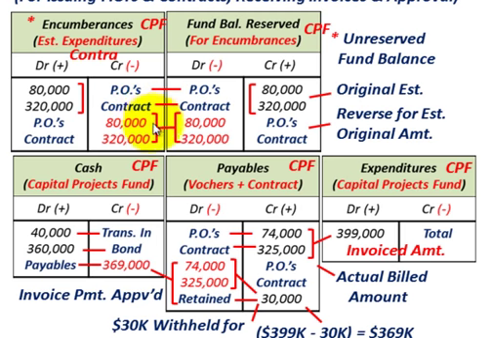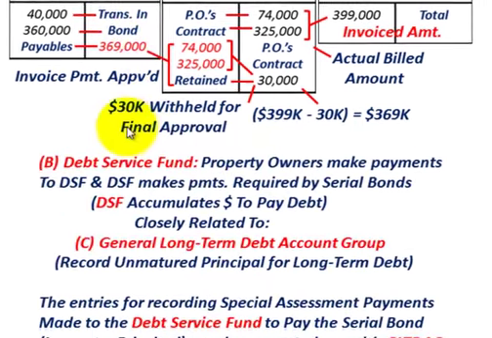And then again, you remove it once you receive those POs and contracts, or the contracts are complete, the POs are received. Then you set up your payable here, and once they're approved, reduce your payable. But when you set up your payable, do it at the actual billed amount here. So that's really what you're doing with governmental accounting. And then once everything gets approved, you can reduce your cash, or pay your cash out. Okay, so let's go down here now.